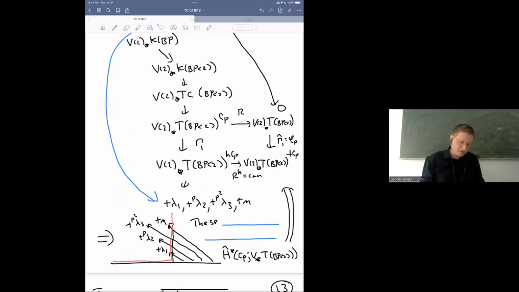And this forces certain differentials, which also happen to come from the 0 line. So you can prove that you have these differentials. And then these actually generate all the differentials in this CP Tate spectral sequence.